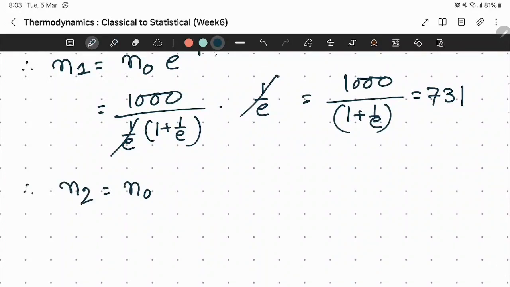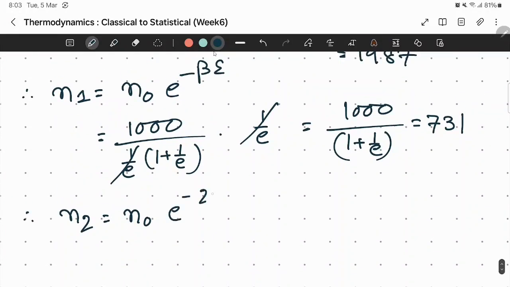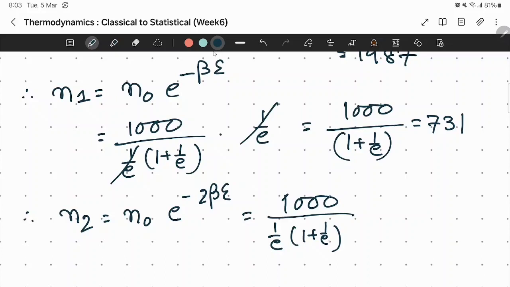And what will be the N2? It is N0 into e to the power minus 2 beta epsilon. So it is 1000 divided by 1 plus 1 by e, and 2 beta epsilon means e to the power minus 2, so it is 1 by e square.